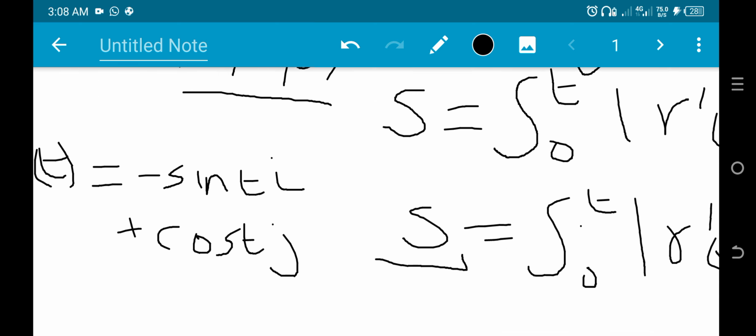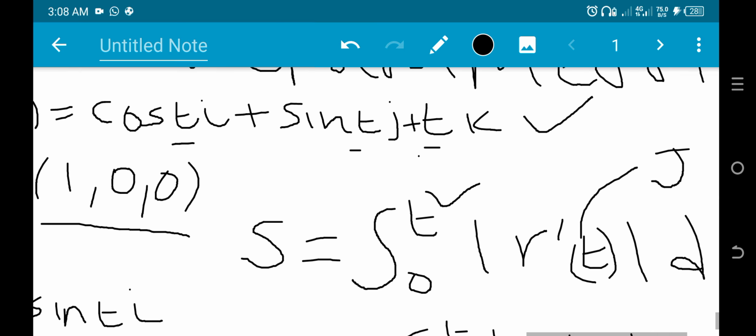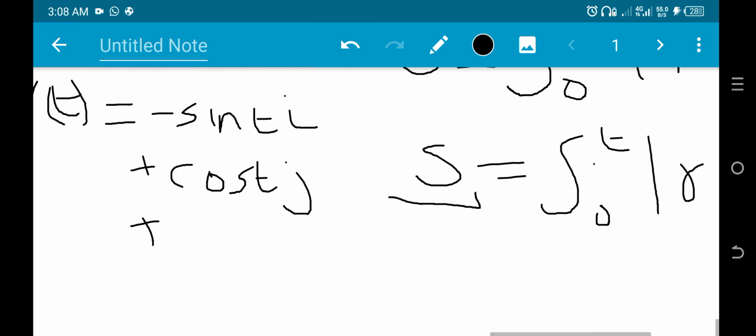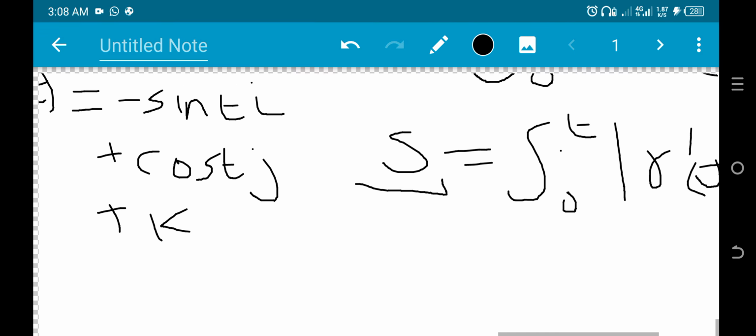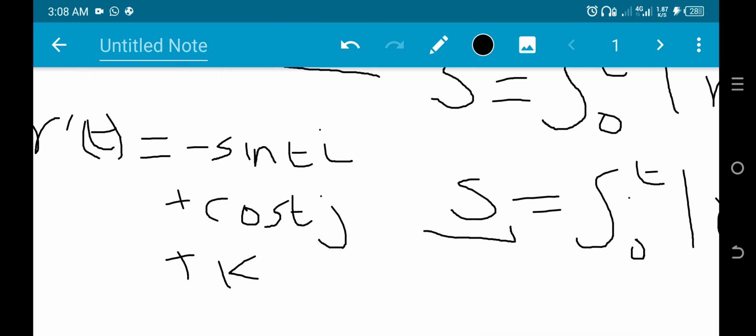Then we have plus, for the z we have t, and the derivative of t is just 1, so this ends up being k.